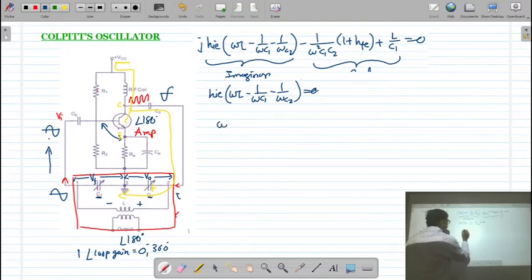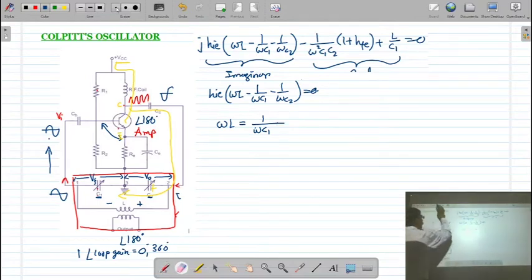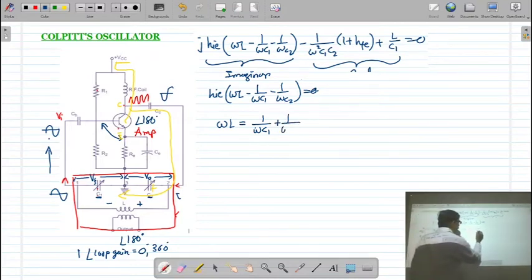So here you will get omega L equal to 1 upon omega C1 plus 1 upon omega C2.